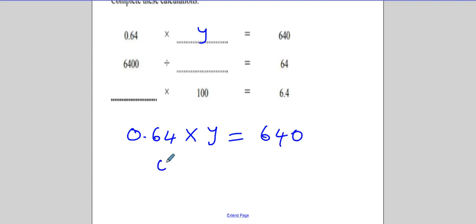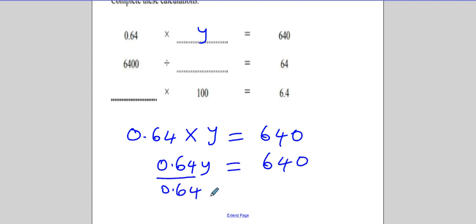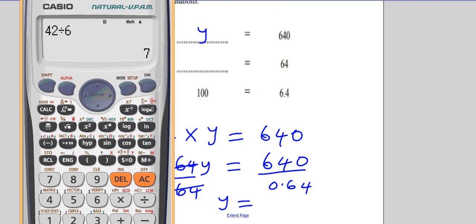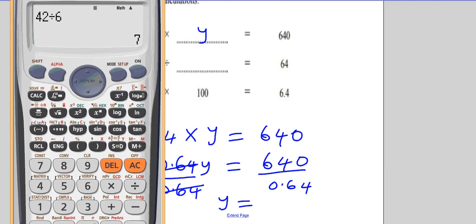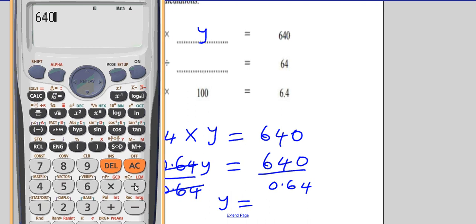So 0.64y equals 640. Divide by 0.64, divide by 0.64. This will cancel. y will be equal to what? To save time, let me use a calculator, but you can do it mentally as I have explained earlier. 640 divided by 0.64, you will get 1000.